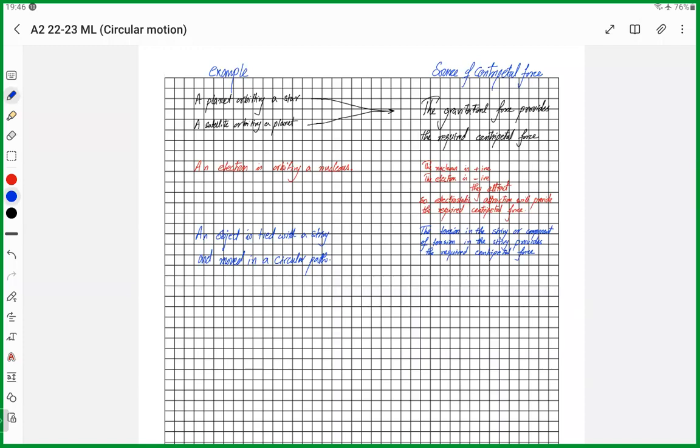Why do they do that? They need a very large component of their weight to make the bike move in a circular path. Again, they are using their component of weight to do that.